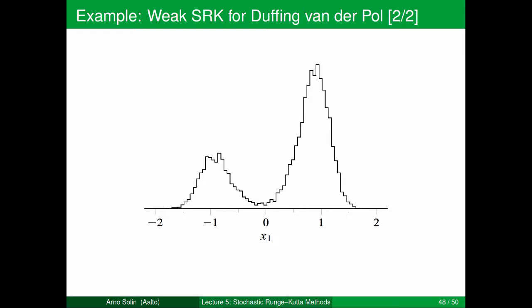And here we see that, as expected, it's quite likely that we end up in either of the fixed points, which were at -1 and 1, and in this case it's more probable to end up in the point at 1. So now we were not interested in the actual trajectories, but in the distribution of the solutions at a certain time point.